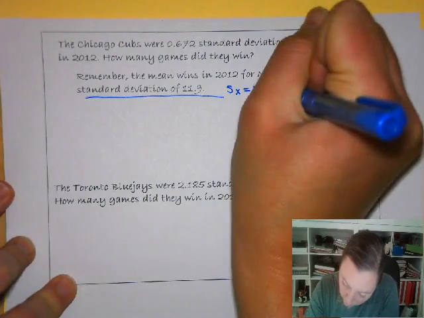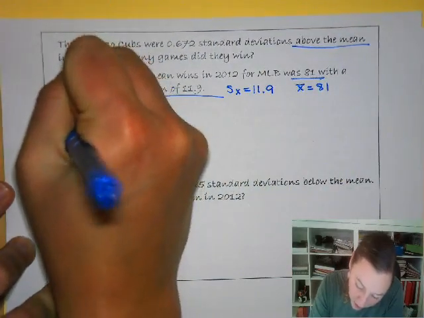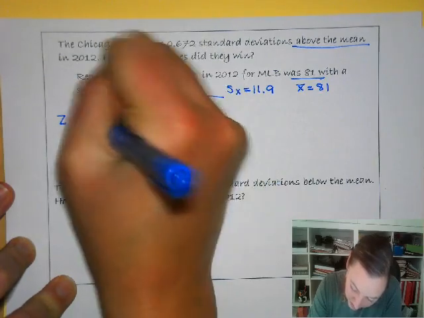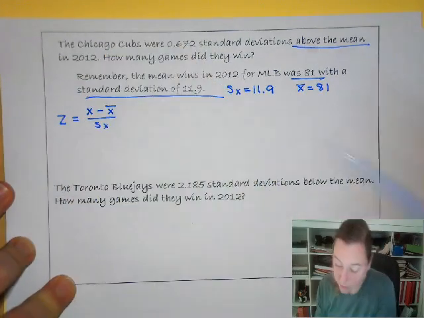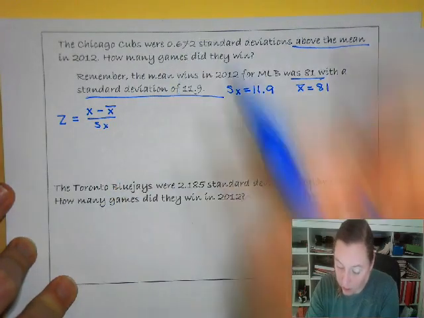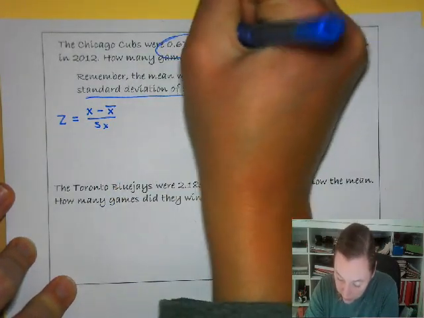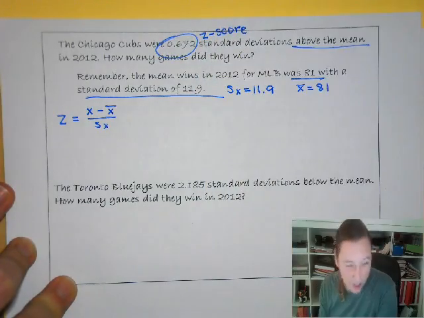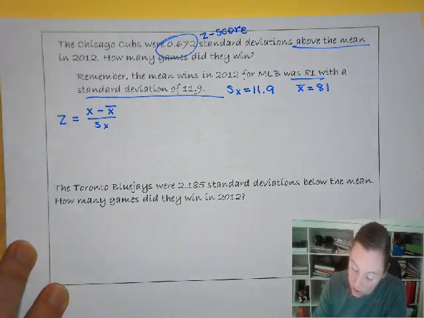So this time we're working backwards. Remember, the z-score is equal to the observation minus the mean divided by the standard deviation. We were given the z-score, this is the z-score right here, and we're asked to find the observation. So we have to use a little bit of our algebra skills.